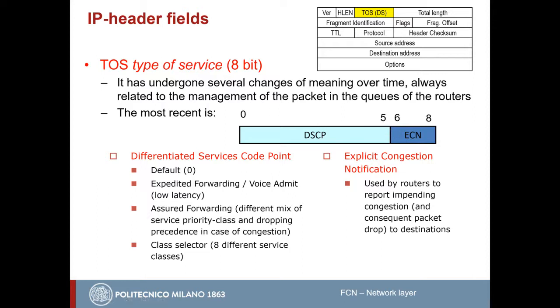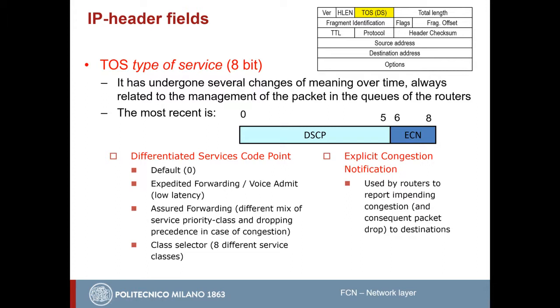And in the first field you can mark or label a packet with a certain category of quality of service. So, for example, if you have a value to label the packet as expedited forwarding, this means that this packet should always be forwarded by the routers, even if the router has a very full output buffer.